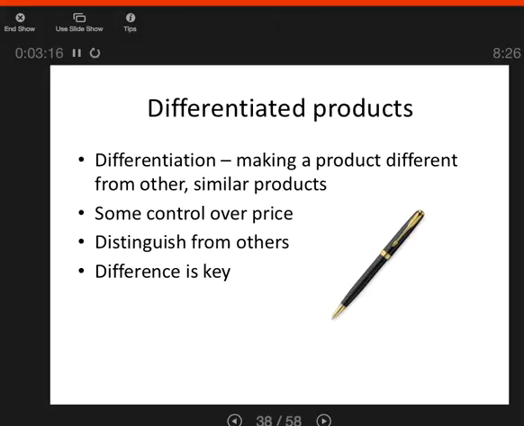Well, we'd hope so because it is a pen. But looking at the color, the grip, the point even on the pen, they just try to make it as different as possible to make their brand seem more valuable than others. So some control, distinguishing from others, difference is the key when it comes to monopolistic competition.